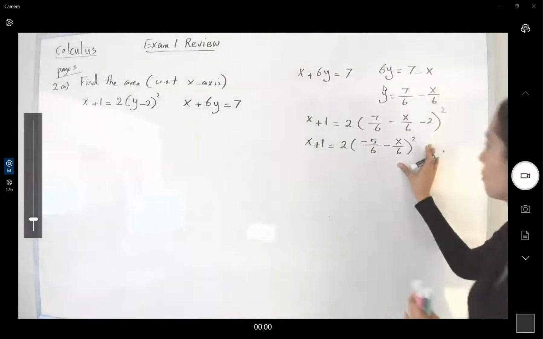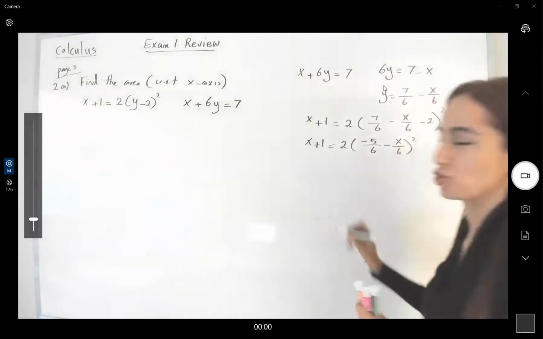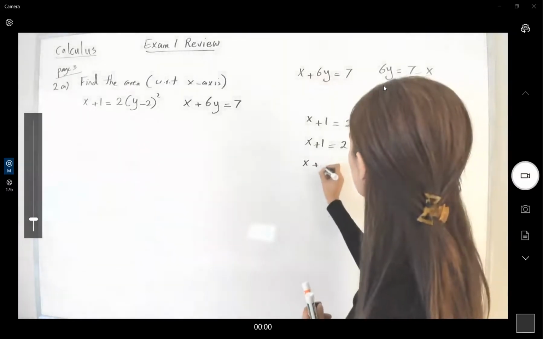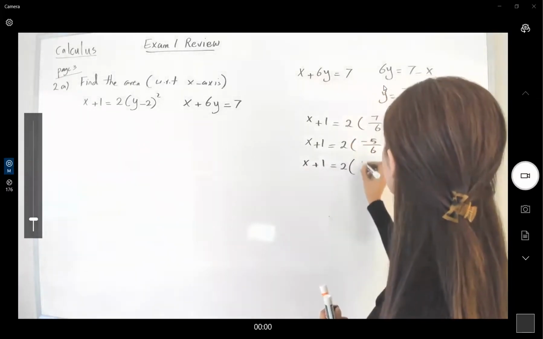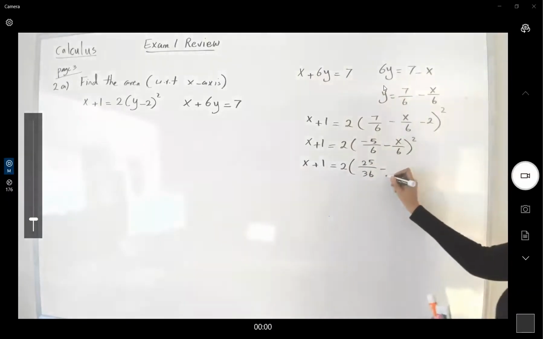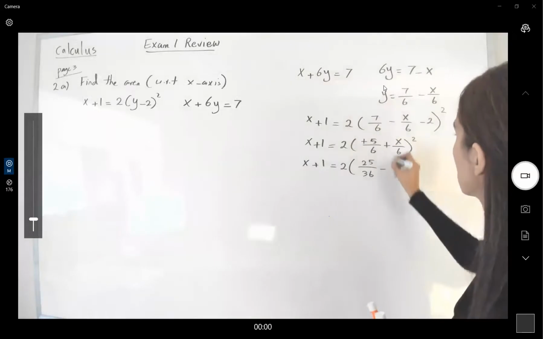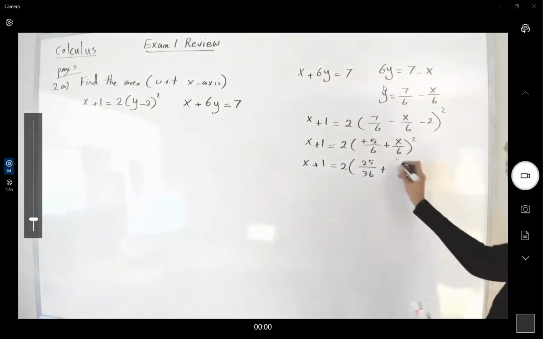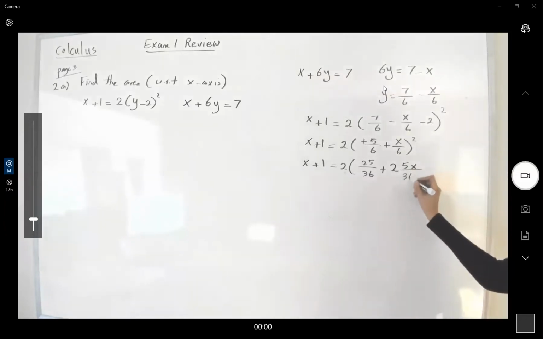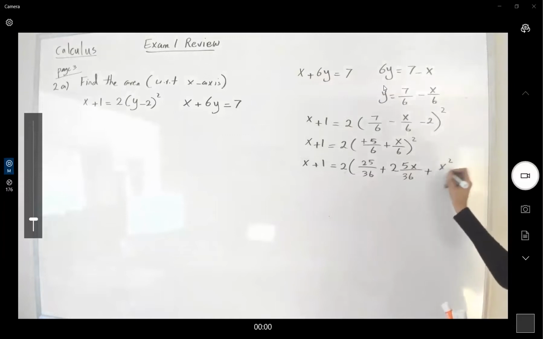Let's raise this to the second power and construct a quadratic equation. X plus 1 equals 2 times (25/36, plus 2 times 5 times x divided by 36, plus x squared over 36).